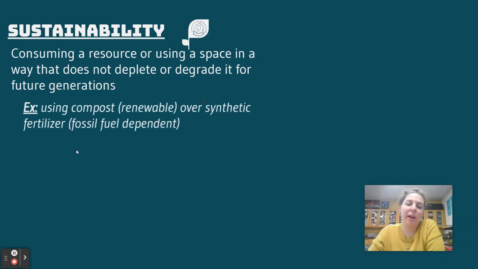An example would be, instead of using synthetic fertilizer, which relies on fossil fuels we know will eventually run out, we could use compost as our fertilizer because that is renewable. We're always generating food scraps and food waste that can be turned into compost.